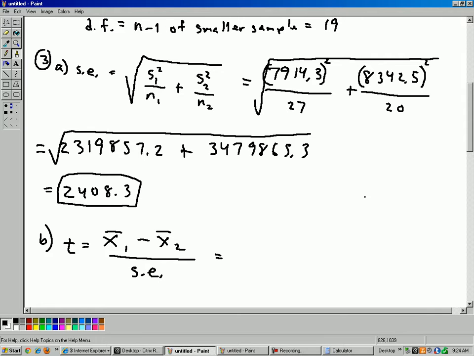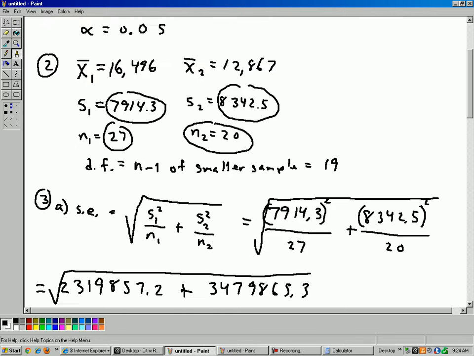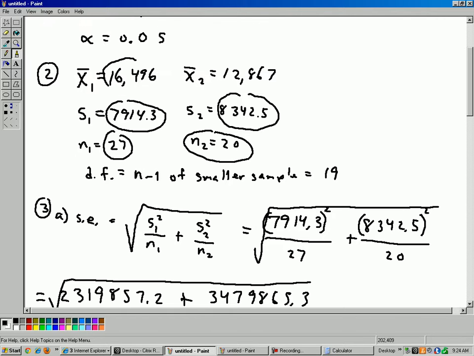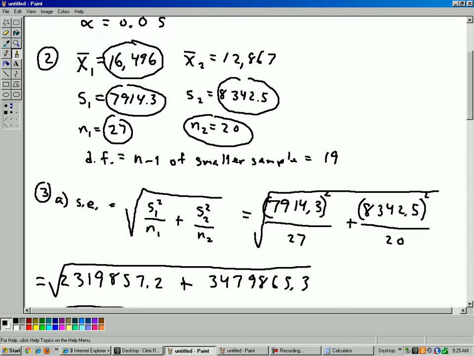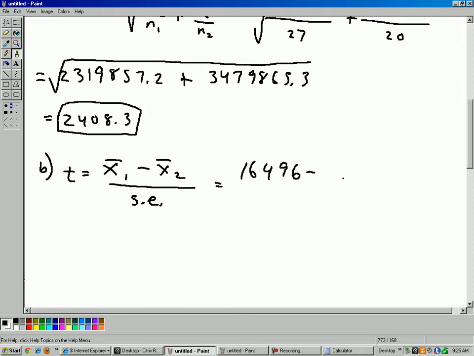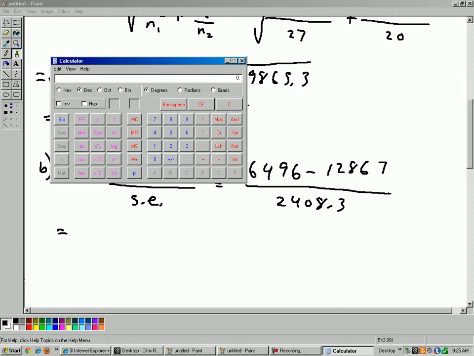Okay, so x bar 1 is 16,496 minus x bar 2, which is 12,867, all divided by 2408.3.